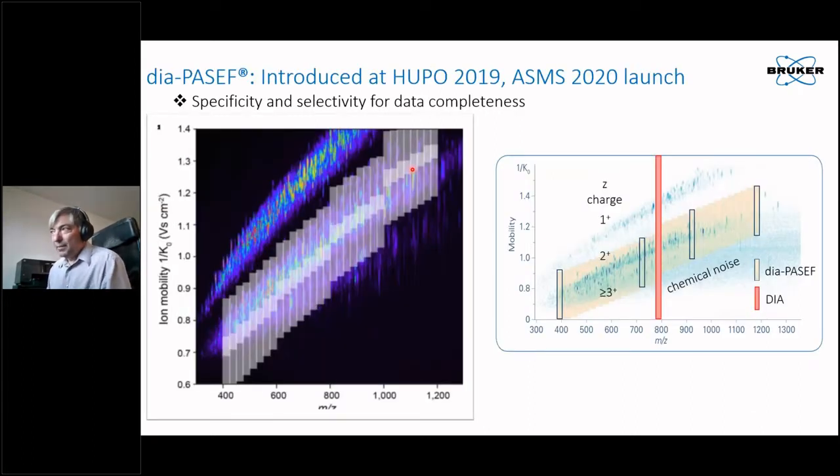Let's look at what happens in dia-PASEF. Rudy and Matthias noticed that as you're scanning out the ions as a function of mobility, you're also going down in mass. Mass and size are correlated. They're not completely the same, fortunately, so that gives us the ability to separate things and provide an additional dimension of information with the ion mobility, but they're correlated, and so we can set our windows, these are actually boxes now, so that we fragment mass mobility boxes that are focused on the +2s and +3s as shown in the shaded region here.